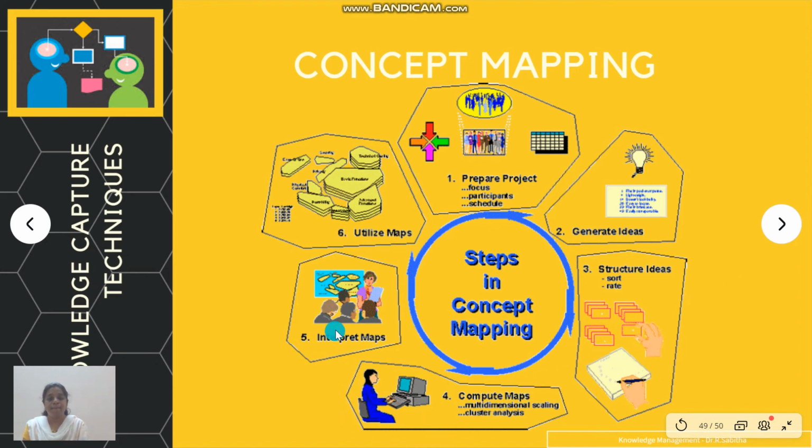Here you're going to compute the knowledge or ideas in the form of a map, because when it is represented graphically, you can easily understand it, right? So you're going to compute the ideas into maps, identify what is understood from the map, and then utilize this map for decision making.